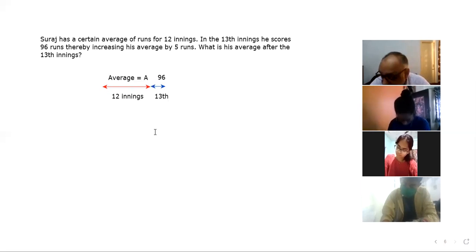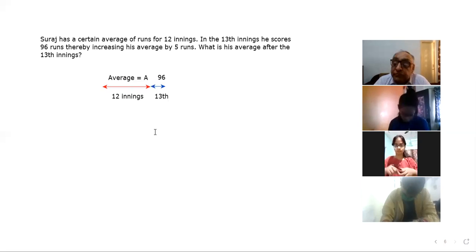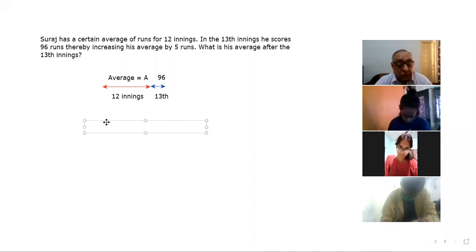That is the point. Average increases by 5 runs. So what is his average after the 13th innings? Okay, so now beta, there is one point, let me tell you. 12 innings का total score था 12A.